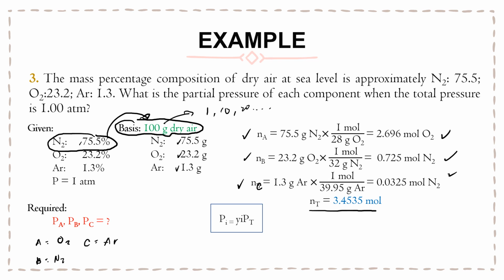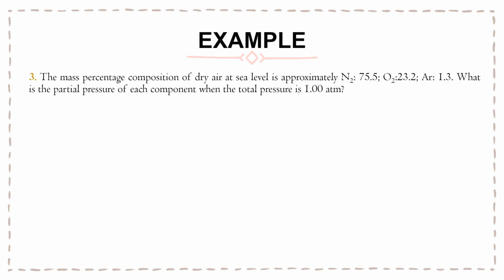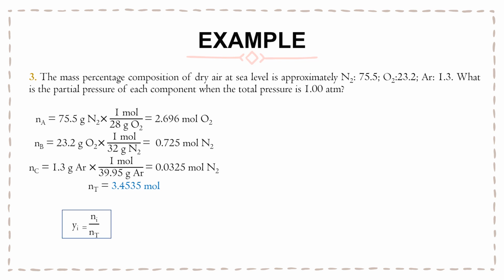Alright, so we have our total pressure. We already have our total moles and the individual. So we can calculate for each of the partial pressures. Okay? So calculated dito yung mole fraction of your oxygen and then nitrogen and then argon. Okay?